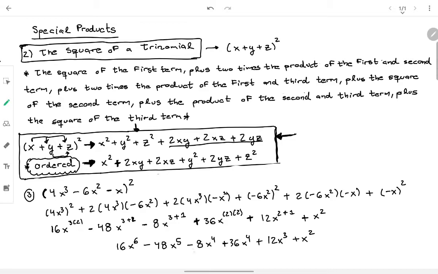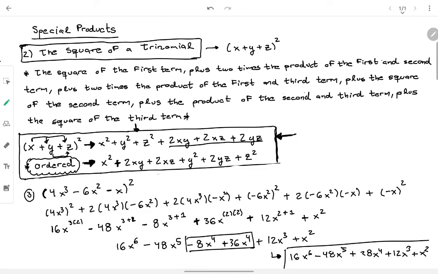And in this specific case, we got two of them that are like terms. So our final answer, we can simplify it, and it will be 16x to the 6 minus 48x to the 5 plus 28x to the 4th plus 12x cubed plus x squared. And this is our final ordered and simplified answer.